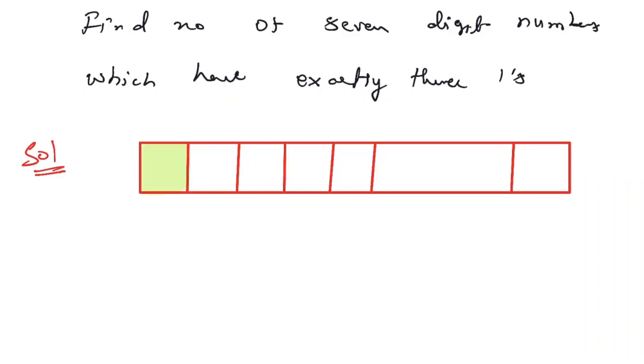So we have to divide our solution into two parts. First is when 1 will be there in the first place. If 1 is there, then out of the six places we have to select two for ones, so 6C2, right? Two more ones are there, and the rest of the numbers could be anything.